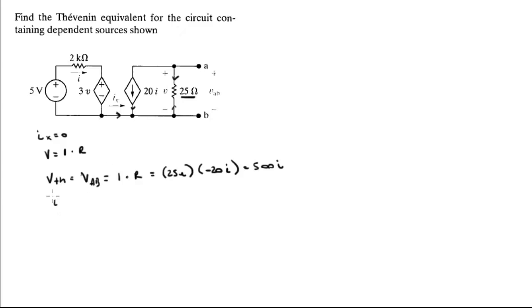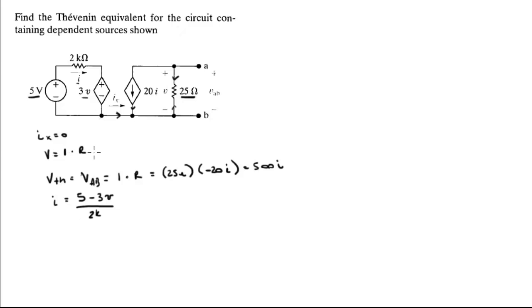Now the current I is equal to 5 volts minus this 3 volts, because the current is this current right here, divided by 2K. And again, this is Ohm's law.